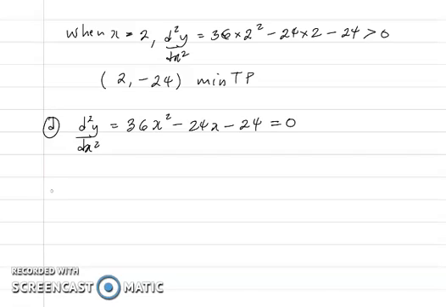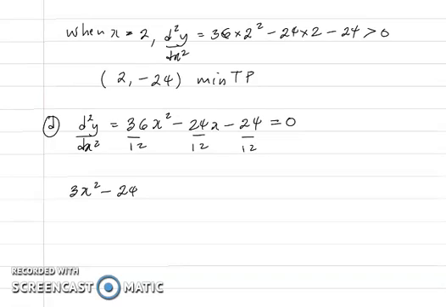So divide the entire equation by 12. I'm going to get 3x squared minus 2x minus 2 is equal to 0.